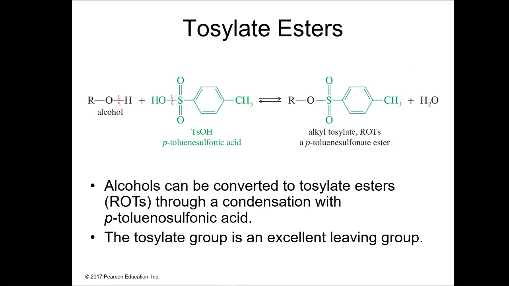Tosylate esters, so this is something you can do to an alcohol group. You can basically convert it to what's called a tosyl group, which we'll just abbreviate Ts, okay? That's just a really, really good leaving group. So if you need an alcohol gone, or if you want to replace an alcohol with something, the easy way to do it is to first convert it into a tosyl group, and then that tosyl group will really leave.